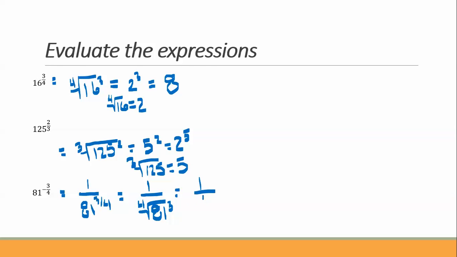The 4th root of 81 is 3, because 3 times 3 times 3 times 3 is 81. So the 4th root of 81 is 3, so we're going to replace the 4th root of 81 with 3 here. And we have 3 cubed, which is 1 over 27.